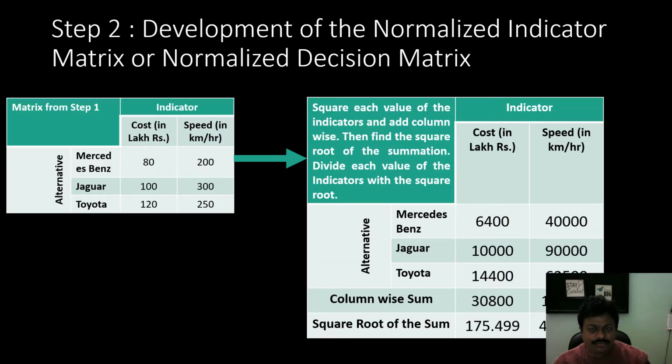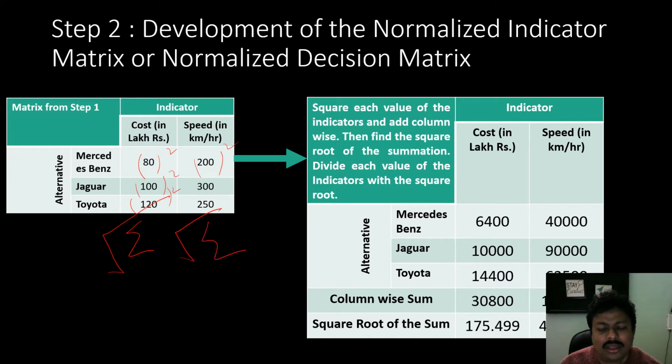Now the next step is to develop the normalized indicator matrix, or the normalized decision matrix. Here we square each term and then add them, and after that we take the square root, and the value that we get, we divide each of the indicators by it.